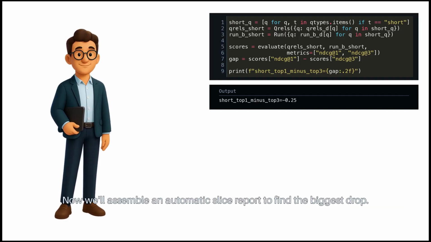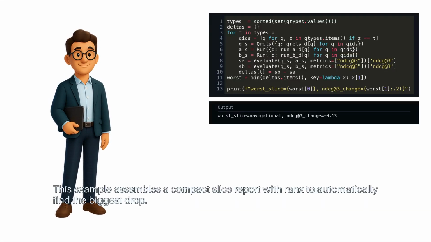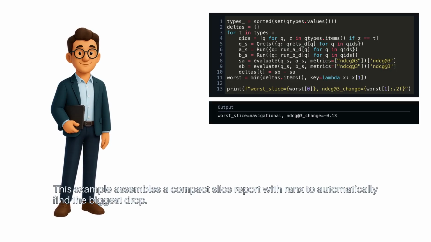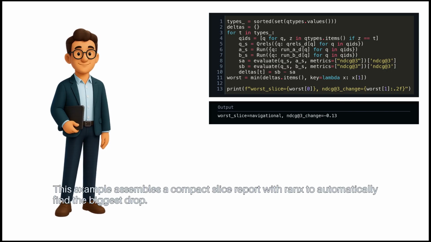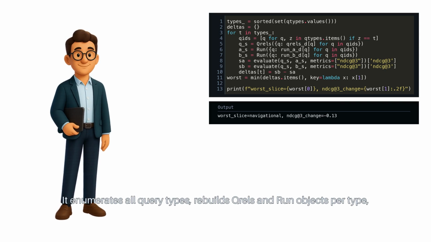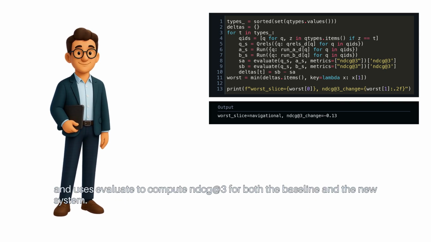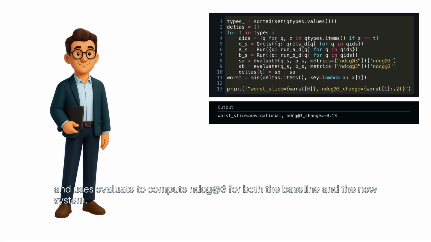Now we'll assemble an automatic slice report to find the biggest drop. This example assembles a compact slice report with ranx to automatically find the biggest drop. It enumerates all query types, rebuilds qrels and run objects per type, and uses evaluate to compute NDCG at 3 for both the baseline and the new system.